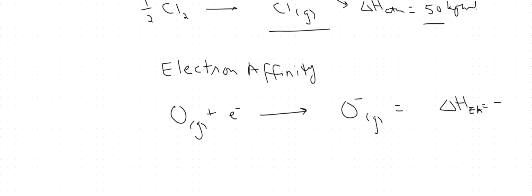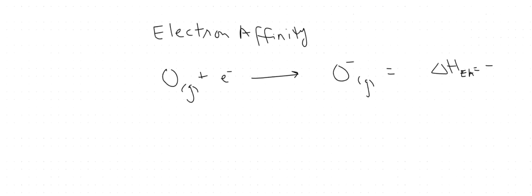The reason why it's negative is that you have a gaseous atom that is kind of neutral, and you have an electron. The nucleus of this atom will gain this electron. It is kind of like making a bond, or making an attractive force for that electron.